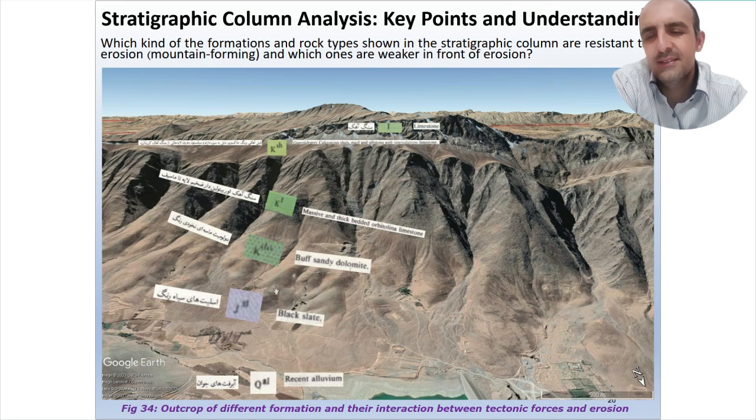Also, slate is a very susceptible rock type in front of erosion. And as you can see, these areas that are black and mostly slate have very low elevation.